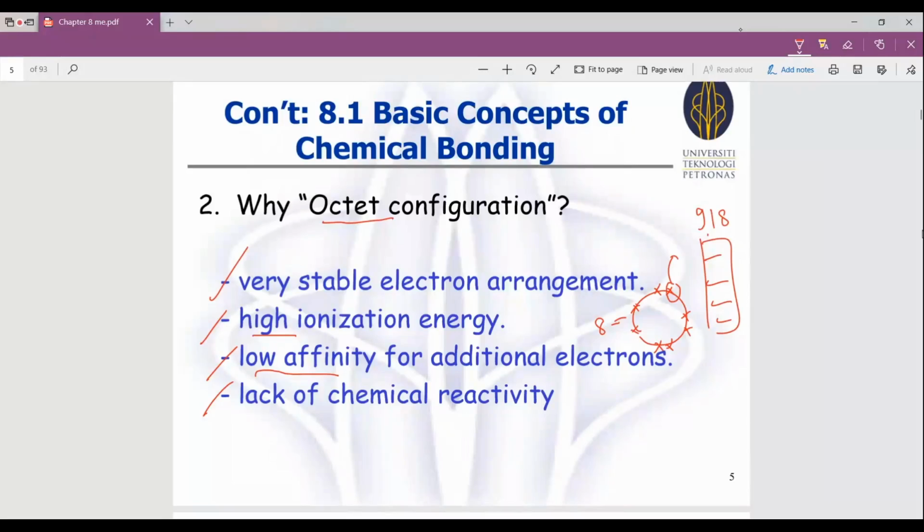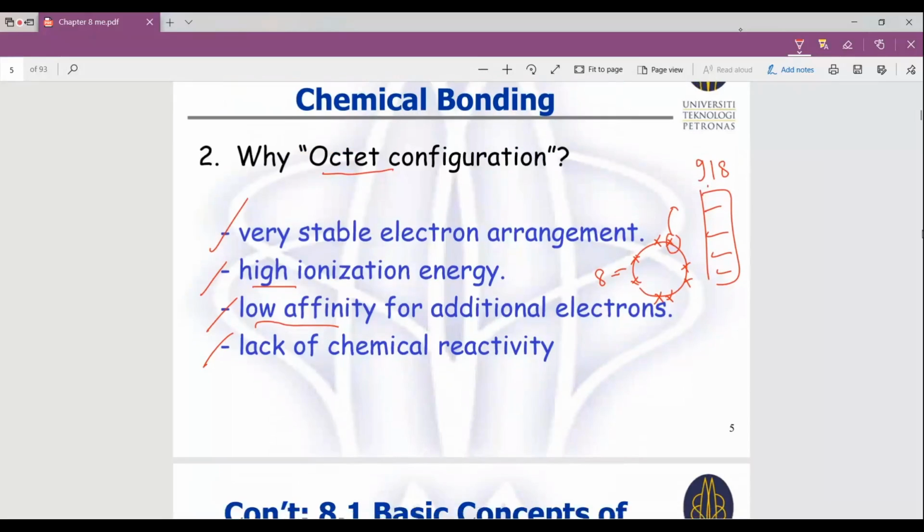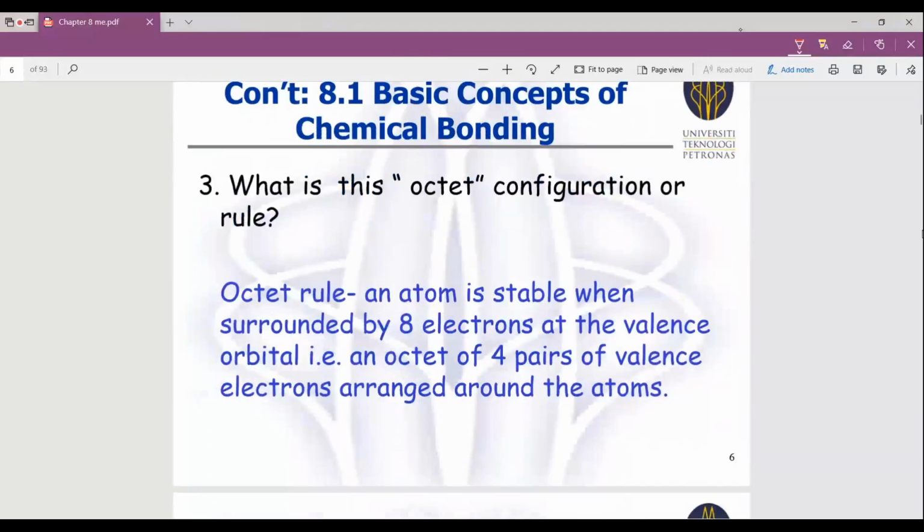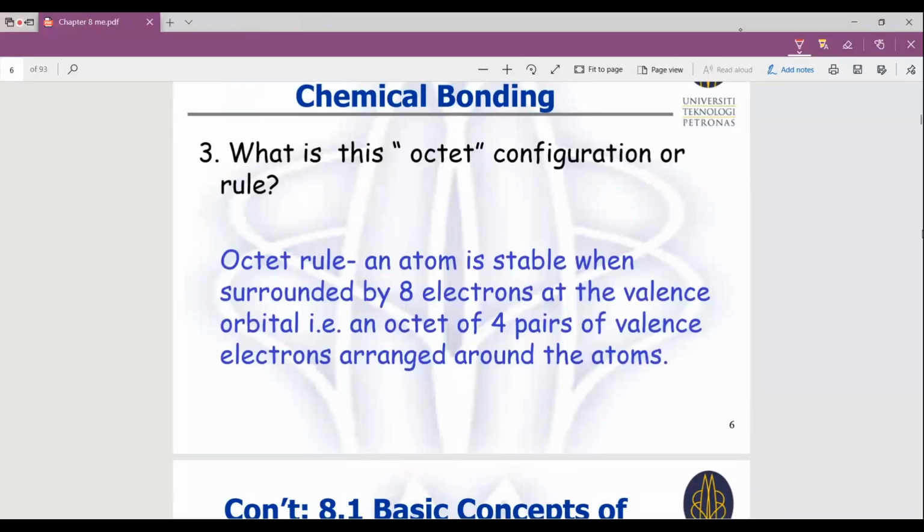So, stable configurations. Alright, next, what is the octet configuration rule? The octet rule is being stable, or surrounded by 8 electrons. Now you have studied that to achieve a stable configuration, except for helium, all atoms must achieve an octet configuration, or 8 electrons.